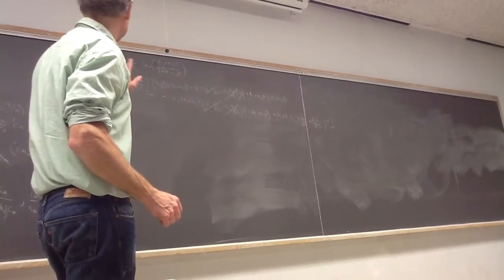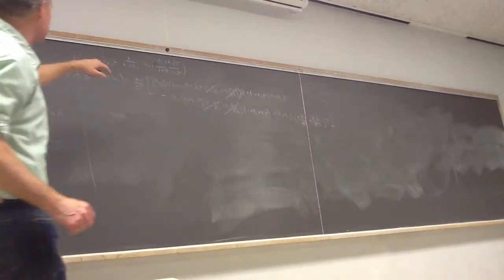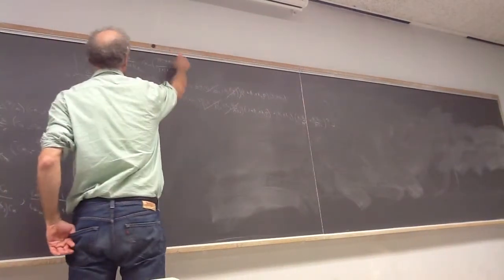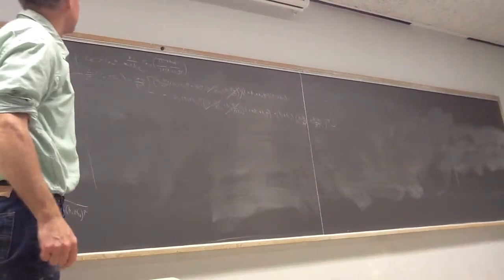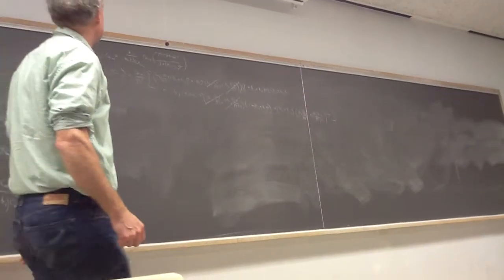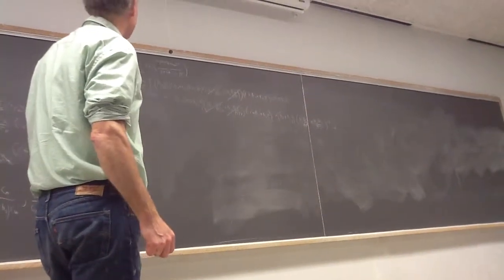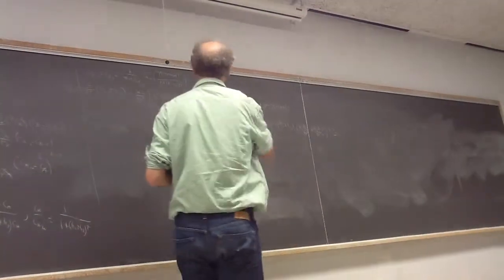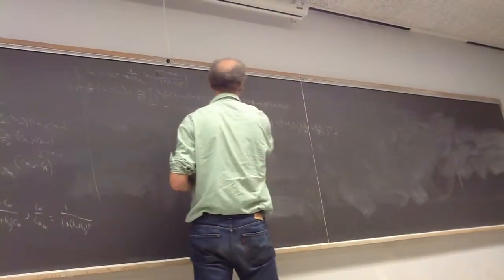I probably could have seen that earlier. Probably could have simplified this. This canceled here. That's why that all canceled. Okay, yeah, that would have made life a lot easier. But I think we took care of that just now. So this whole term canceled this whole term.